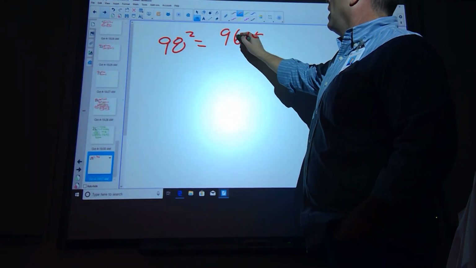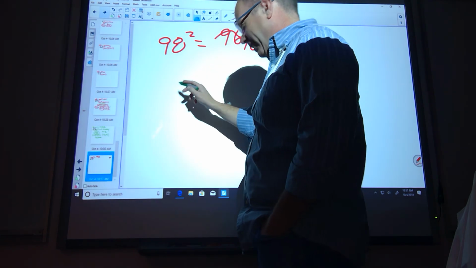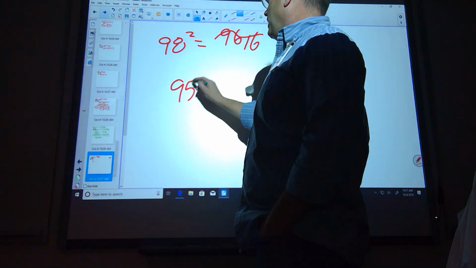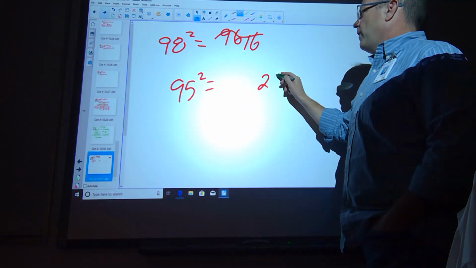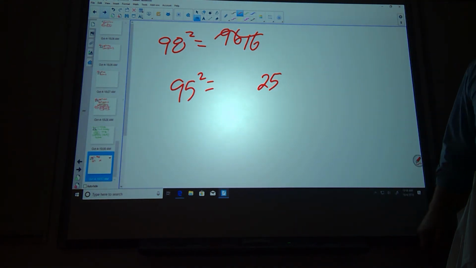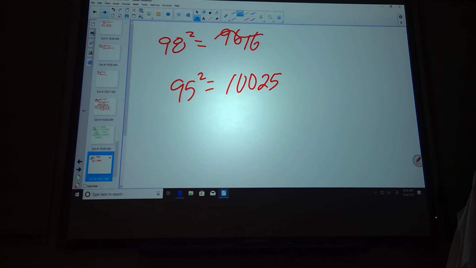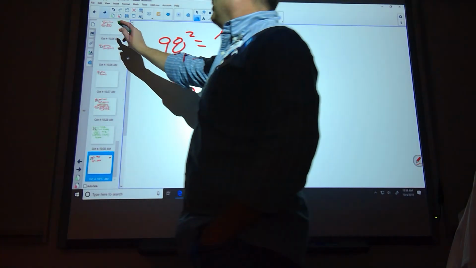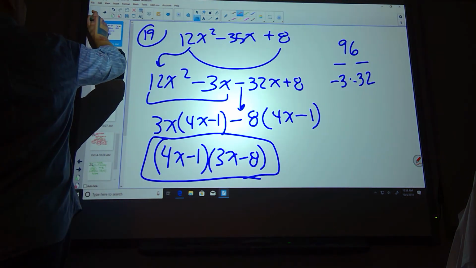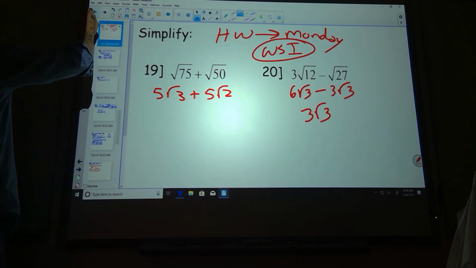Okay, hang on. I have to remember the trick. Okay, 95 squared. So 25 is my last two numbers. Is that right? No. You suck at this. All right, ignore my new trick. I have to remember how to do it.